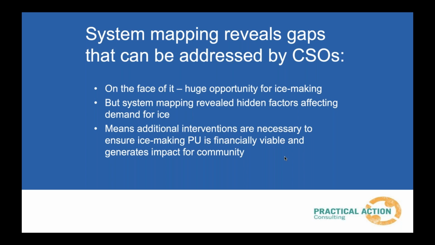You might need to support fishing communities to aggregate so that they can increase their leverage over purchases. Generally it's CSOs who are best placed to play this kind of role and support these types of interventions in a community. But if you don't do the system mapping at the first step, you don't know that these are gaps and that they need to be addressed. Next slide, please.